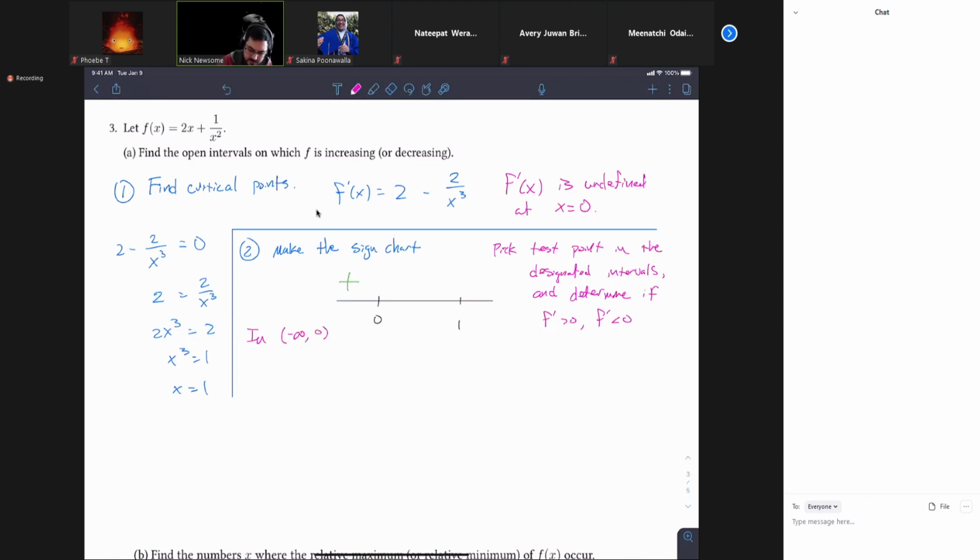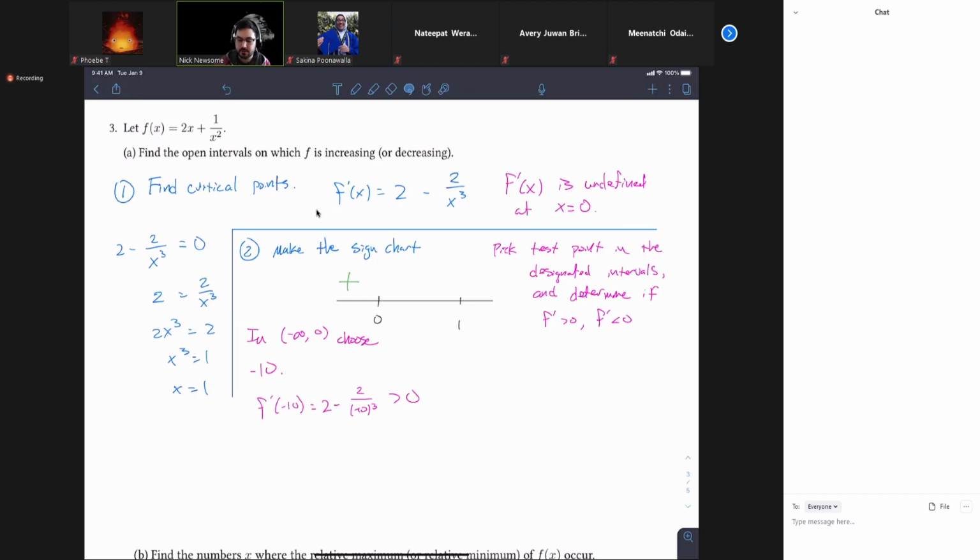So in the interval minus infinity to 0, we'll choose, let's say, negative 10. F prime of negative 10 is 2 minus 2 over negative 10 cubed. If we actually want to compute that, you can. But it's going to be positive.